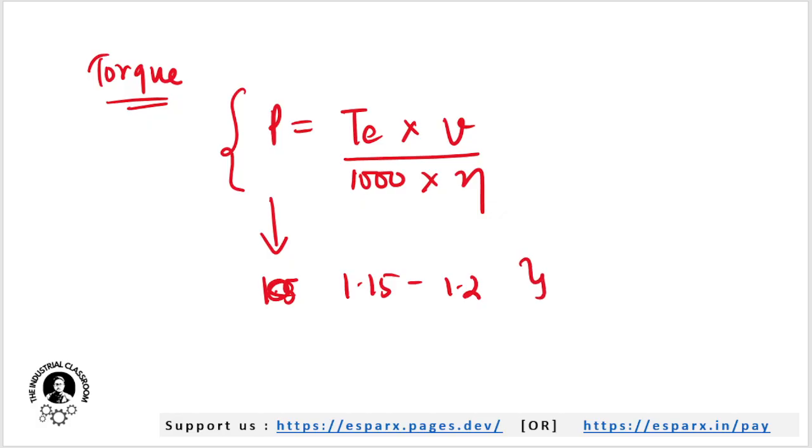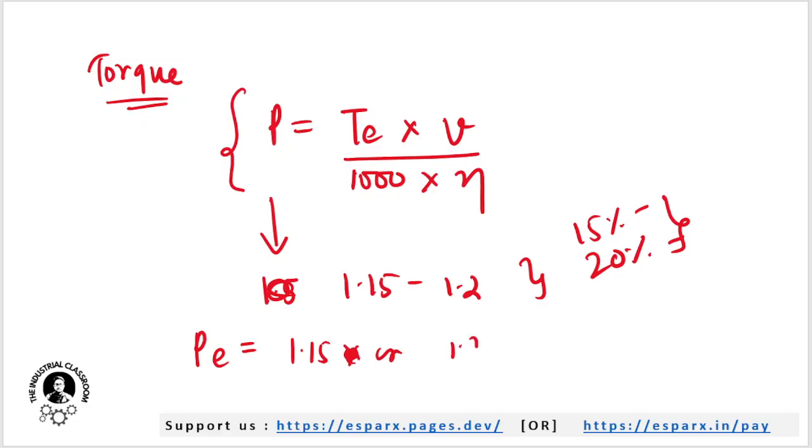Why? Because a motor provides some starting torque, and the gearbox must be sufficient to accommodate that torque. The starting torque is about 15% to 20% more than the general torque. Therefore the effective power is 1.15, or we consider 1.2, into this power. This is the minimum power of the motor which you should have.